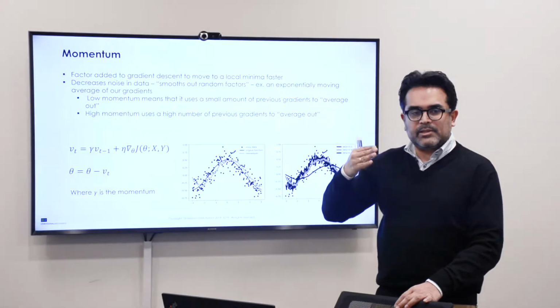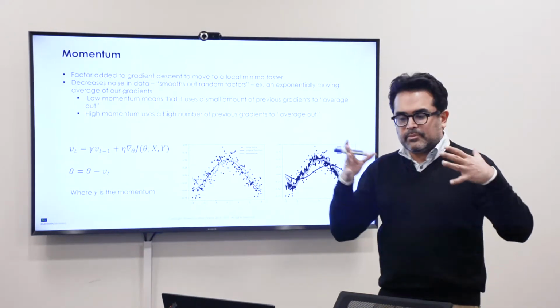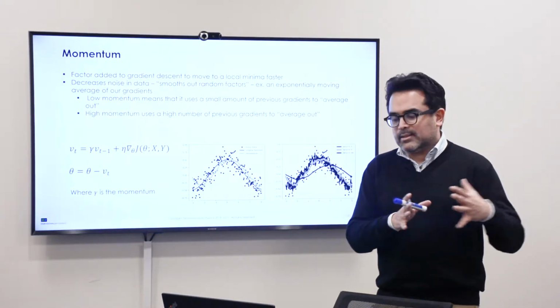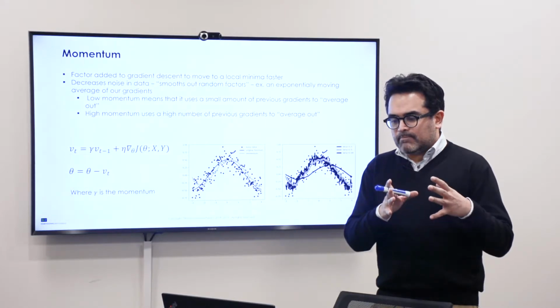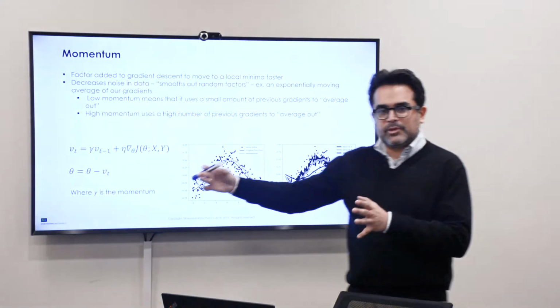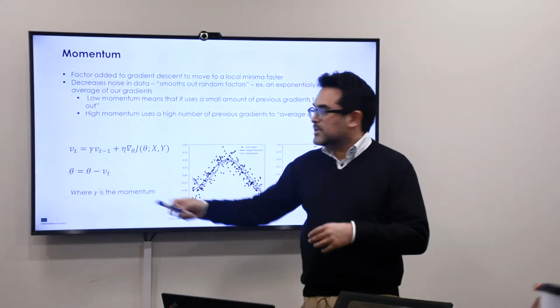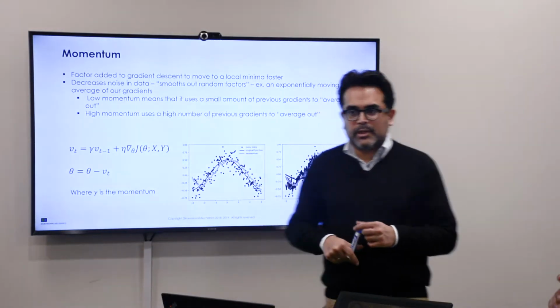So it's a moving average. It weights the last update more than any of the previous ones, but it does include the previous ones. So it's an exponential decay of the previous ones. This value is typically between 0 and 1.